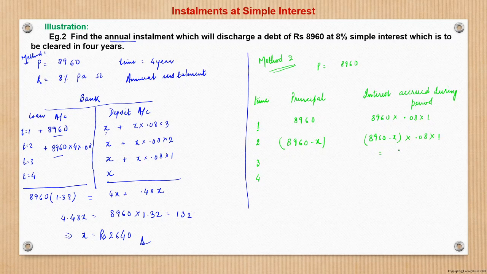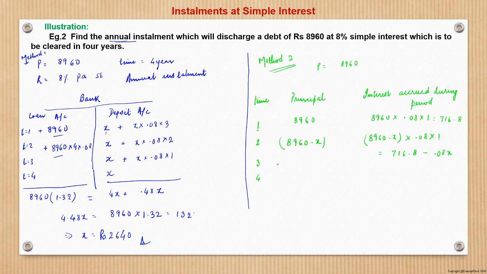So that is nothing but 8960 into 0.08, which will be 716.8 minus 0.08x.